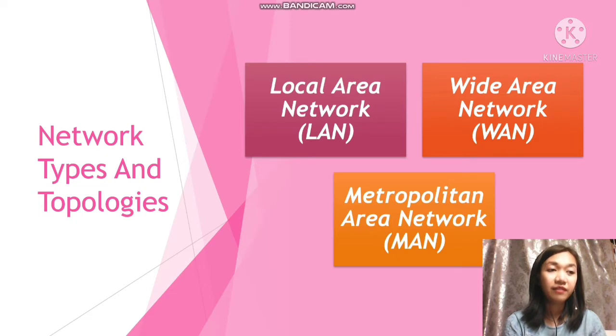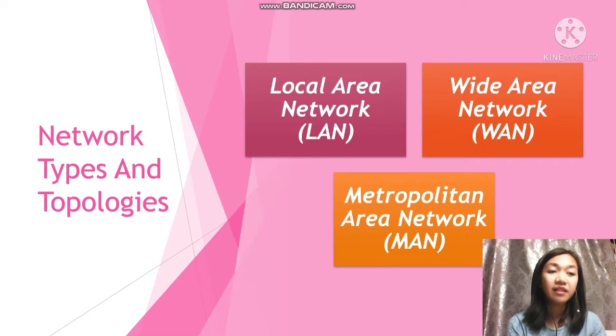A LAN is very useful for sharing resources such as data storage and printers. LANs can be built with relatively inexpensive hardware such as hubs, network adapters, and Ethernet cables. A wide area network, or WAN, occupies a very large area, such as an entire country or the entire world. A WAN can contain multiple smaller networks such as LANs or MANs.